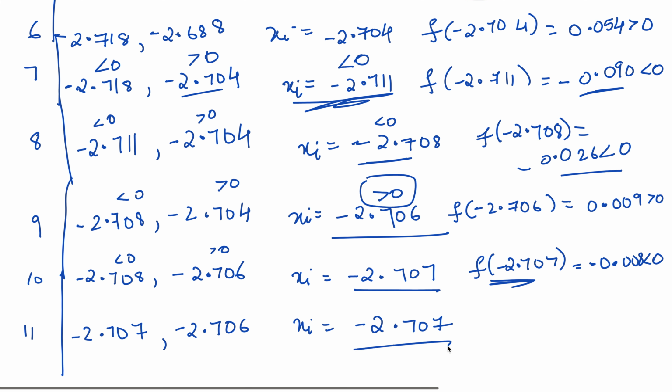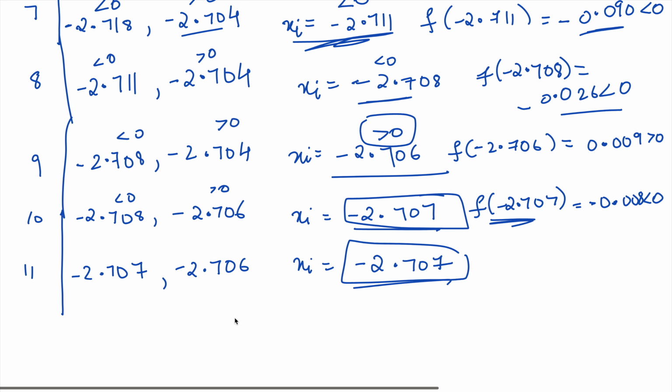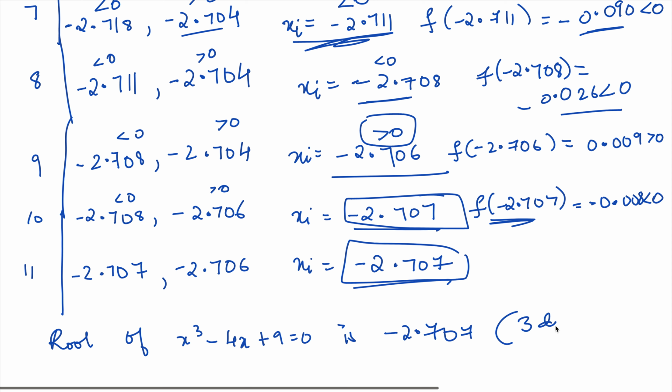We are seeing that the values are repeating. So we can say that this itself is our final answer: the root of x cube minus 4x plus 9 equal to 0 is -2.707. So we have corrected to 3 decimals.